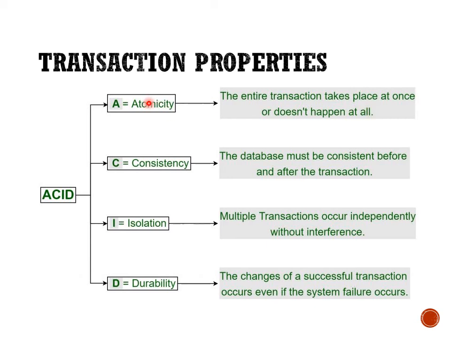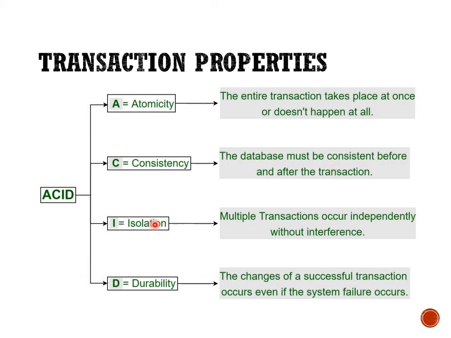That we call atomicity. Consistency means the database must be consistent before and after the transaction. That is, the database state must be consistent before the transaction as well as after it. Otherwise, incorrect data will be stored in the database.